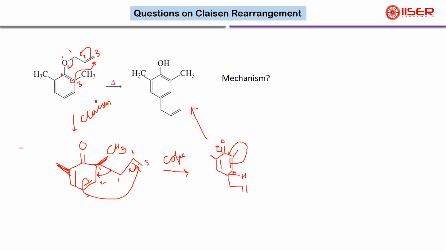So this is like Claisen followed by Cope. The driving force is just to regain the aromaticity, because of the unavailability of H adjacent to this keto position, that is, in the ortho positions. It will further undergo a Cope rearrangement so that it can regain its aromaticity.